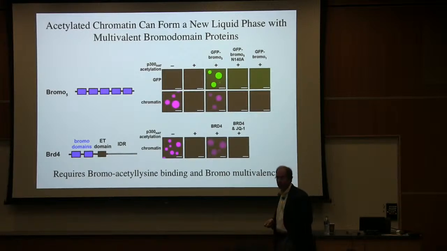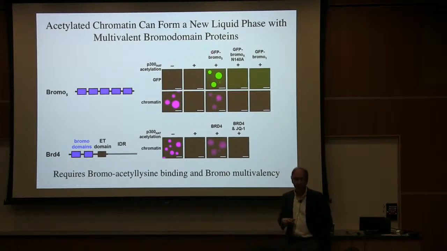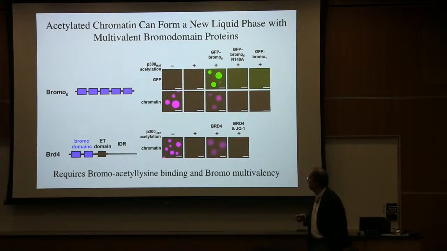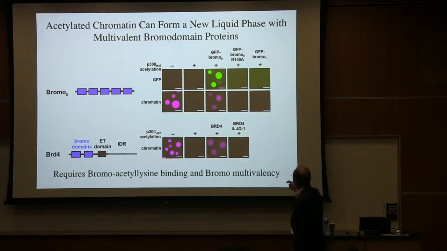And in both cases then, if we added the bromodomain protein to it, we reintroduced a new phase that contains both the bromo protein as well as chromatin. We can see that for the pentabromo as well as for BRD4. Now, in both cases, we know that the interaction or formation of this new phase requires multivalency.